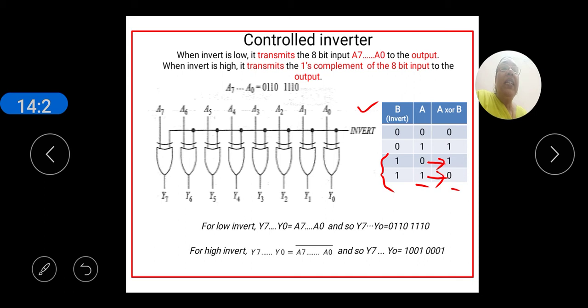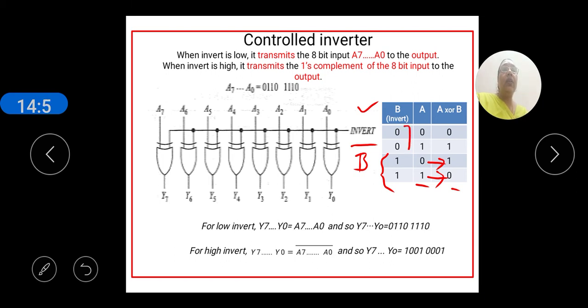You give each bit of A to one exclusive OR gate, and the other inputs of the exclusive OR gates are connected together and given the name invert. This invert is denoted as B. Whenever B is 1, A is complemented and sent to the output of the exclusive OR gate.